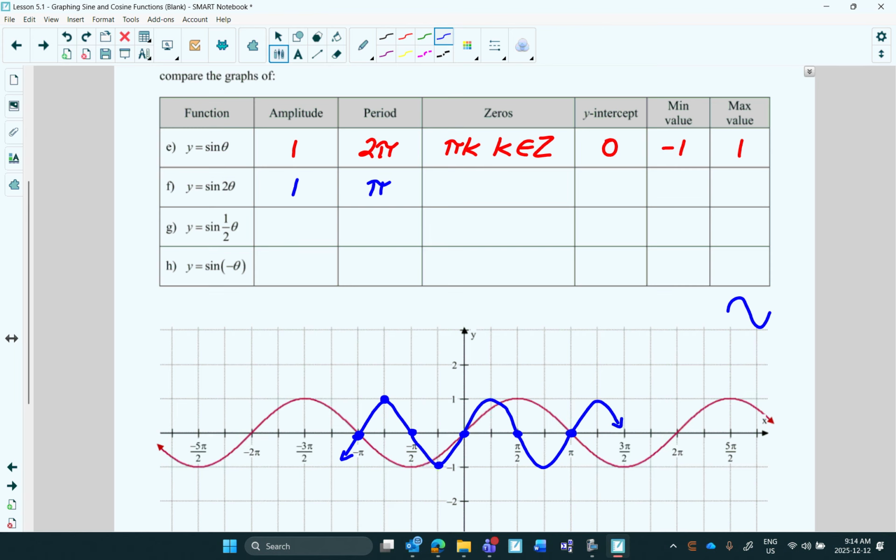Well, it's happening every pi over 2, every half pi. It's hitting the x-axis. So I would put pi over 2 k, k in Z. The y-intercept doesn't change, neither does the min or max.